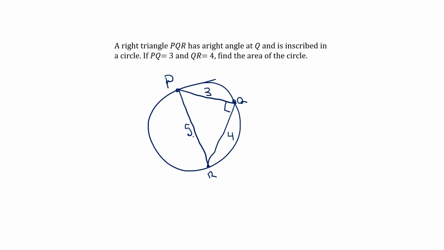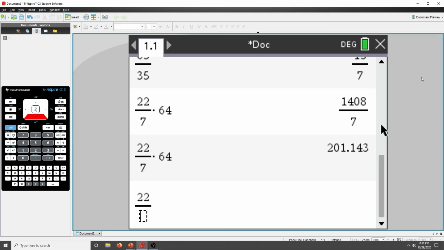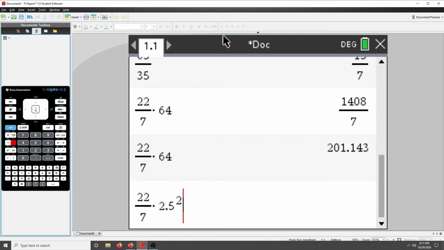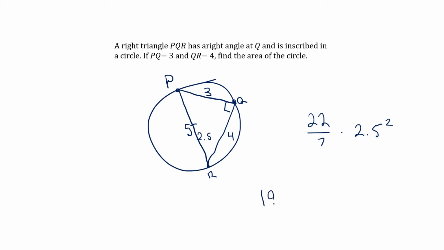And then we can split this in half to get 2.5 for our radius, and then plug that into the equation. So we're assuming it's 22 over 7 still, times that 2.5 squared. 19.64.